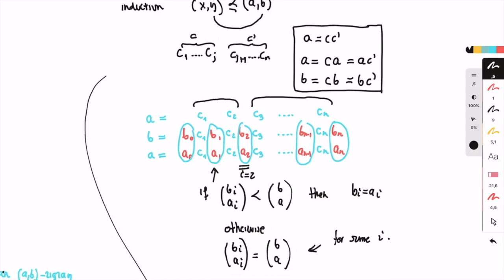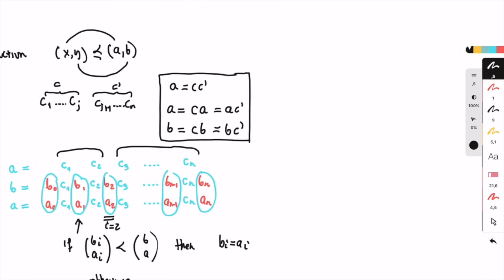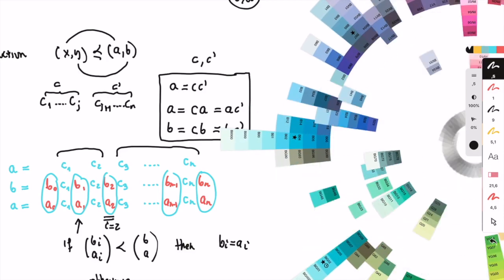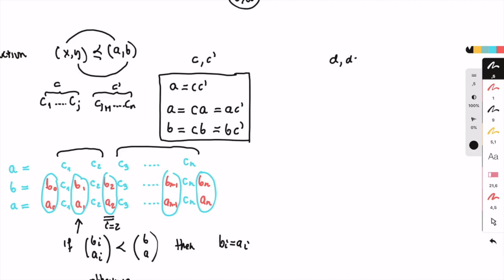Now we consider a BA zigzag. We do the same reasoning, and either we conclude that B equals A, or otherwise we get elements D and D prime, which satisfy symmetric properties.